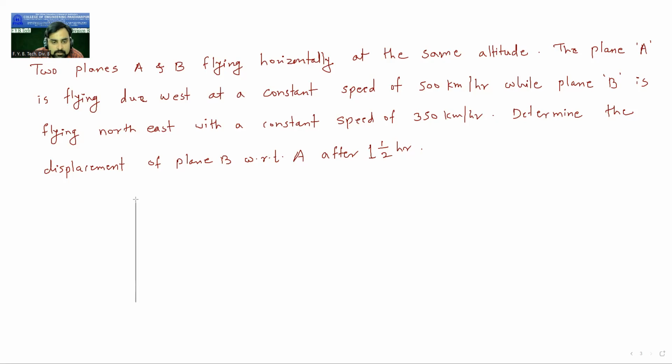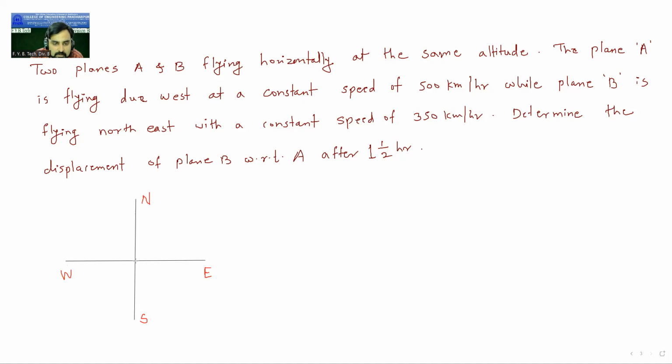So if I write the names, then here upward it is north, this is south, here it is east and west. These are the directions. So now the first plane, plane A is flying due west with a constant speed.